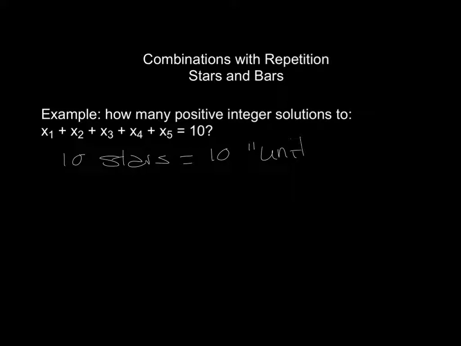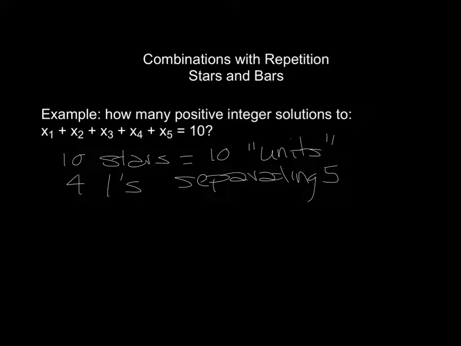And by units, I mean, we'll think of them almost as dimes. But now instead of distributing them to children, you're going to distribute them to the 5 integers. So there are 4 bars separating the 5 variables, the variables x1, x2, x3, x4, x5.